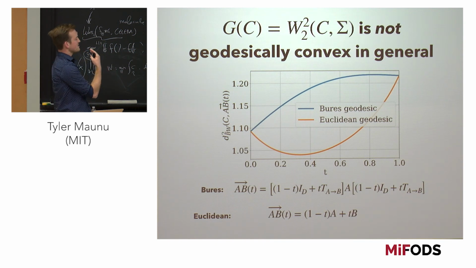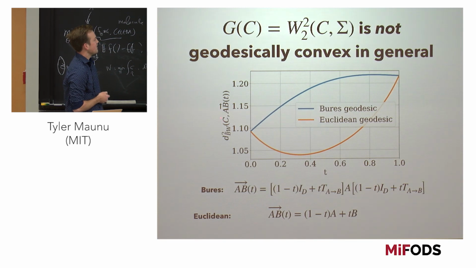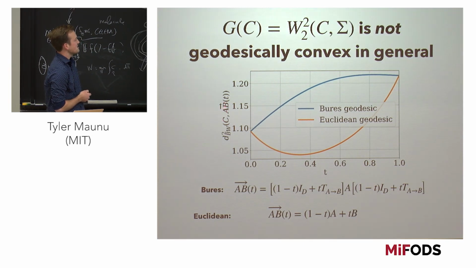It does not give you a geodesically convex distance squared. So here I'm plotting the Bures distance between a matrix C and some other geodesic on Bures space. And as you can see, this is the distance squared between my point C and points along the geodesic, and this is very non-convex.